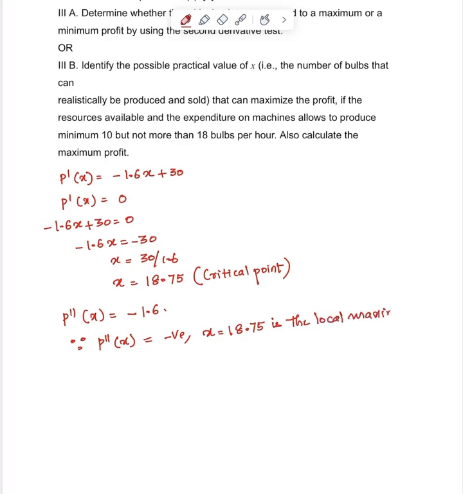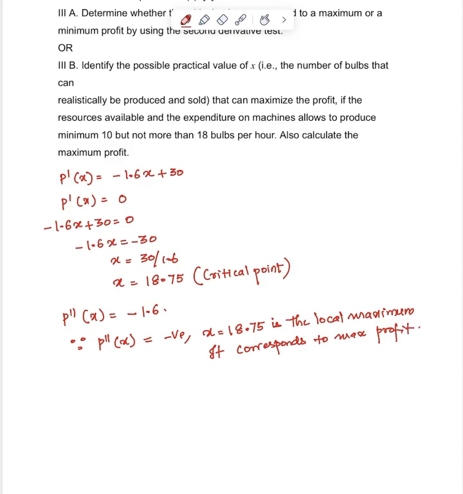That is, at this value of x, we will get the maximum profit. So it corresponds to maximum profit. Fine, that is the A part.